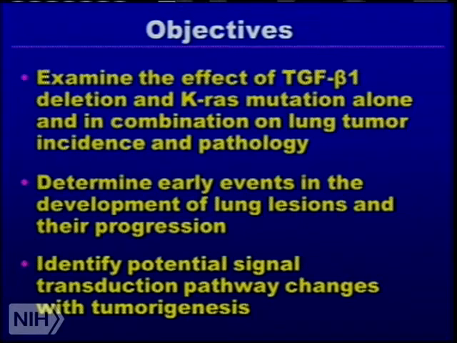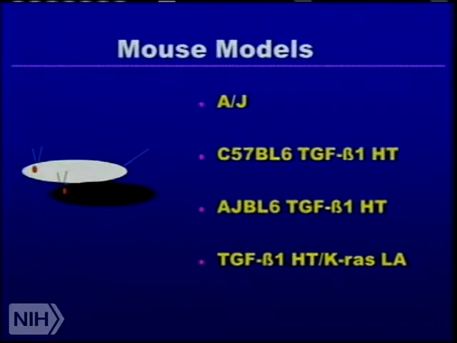First, to examine the effect of TGF-beta1 deletion and KRAS mutation alone and in combination on lung tumor incidence and pathology. Second, to determine early events in the development of lung lesions and their progression. And third, to identify potential signal transduction pathway changes that increased with increasing tumorigenesis.